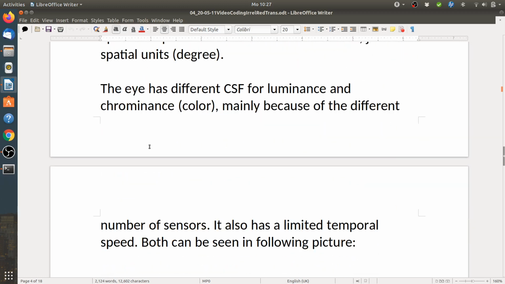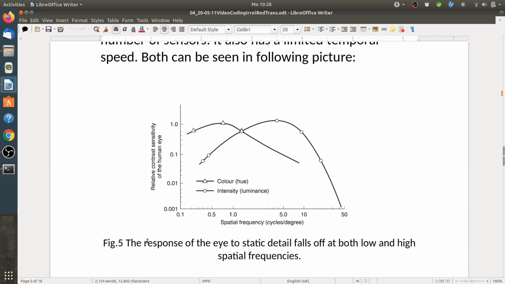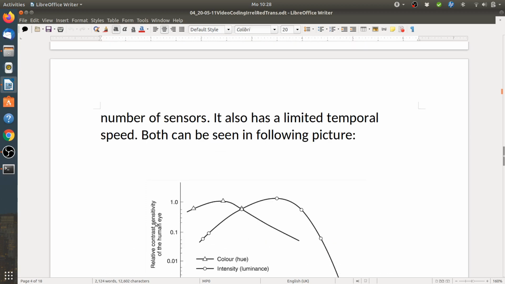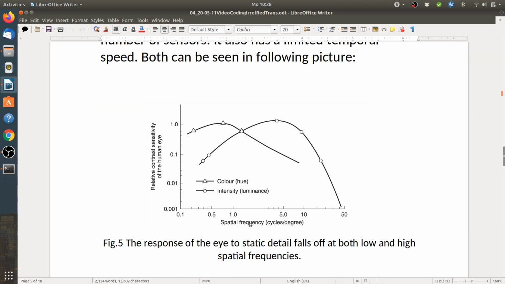The eye has different contrast sensitivity functions for luminance and chrominance, the color, mainly because of the different numbers of sensors. And it also has a limited temporal speed, so the eyes have only limited temporal resolution, which can also be seen in this picture here. This contains the differences in spatial frequency and the resolution, the contrast sensitivity function for different spatial frequencies.